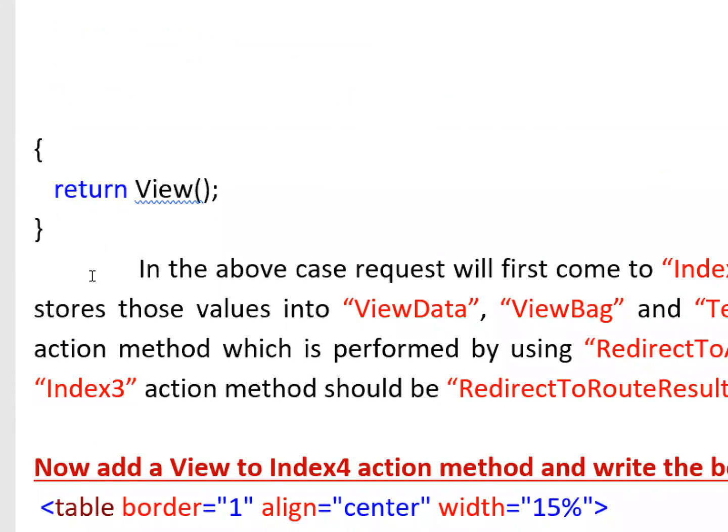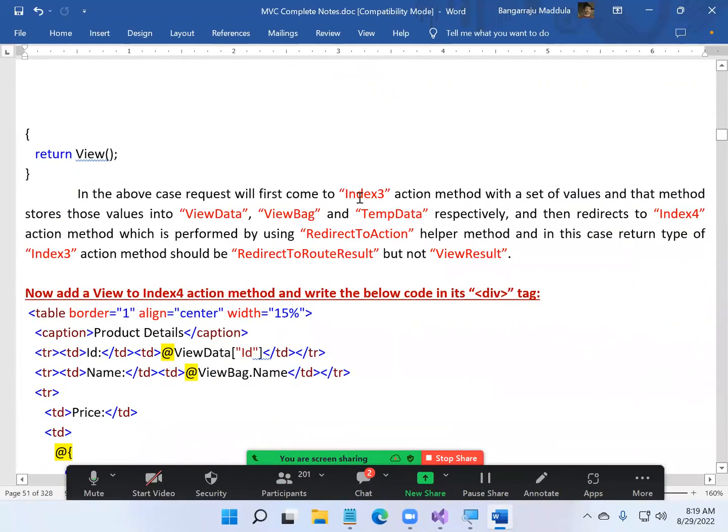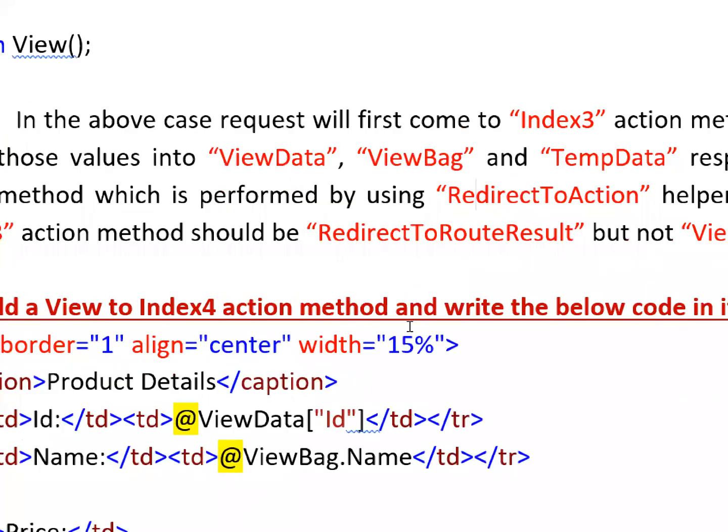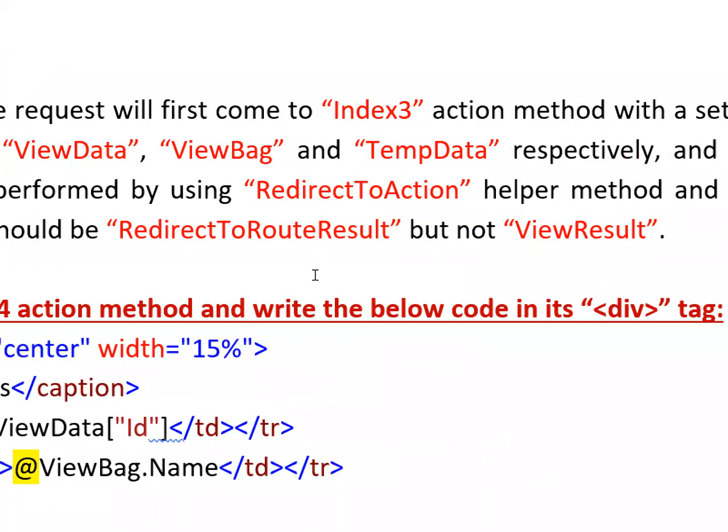In the above case, request will first come to index 3 action method, which will set the values, and that method stores the values into view data, view bag, temp data respectively, and redirects to index 4 action method, which is performed by using the RedirectToAction helper method. And in this case, return type of index 3 action method should be not view result. It should be redirect to route result.